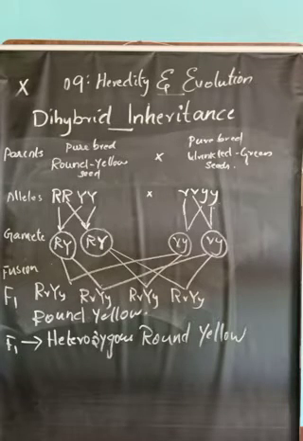Now, what do we want to do? We want to do crossing of F1, that is, selfing of F1. From this we came to know that round shape and yellow color of seeds were dominant, and wrinkled shape and green color of seeds are recessive characters.